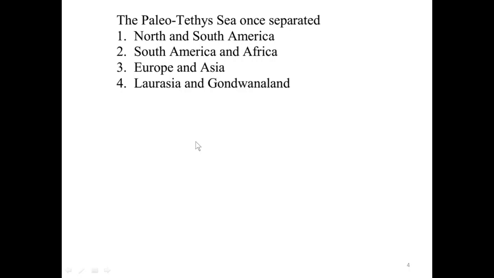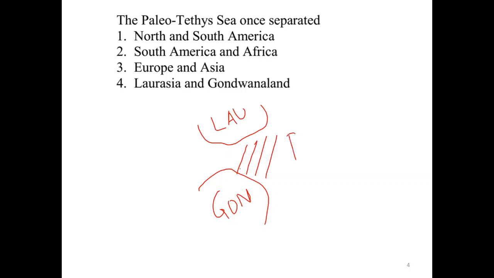Next question. The Paleotethys Sea once separated. Now we all know that the Paleotethys was separating the Laurasia and the Gondwana land, and this was the portion which we call Paleotethys.